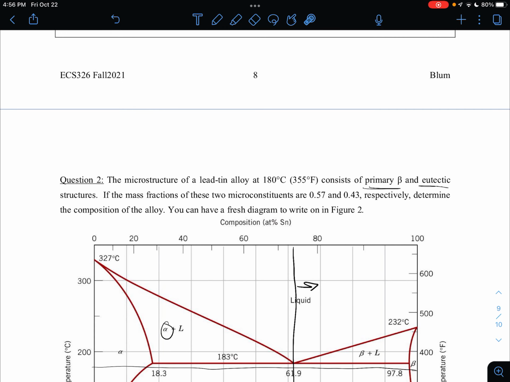So if the mass fractions of the microconstituents are 0.57 and 0.43, so 0.57 primary beta, 0.43 eutectic, determine the composition.